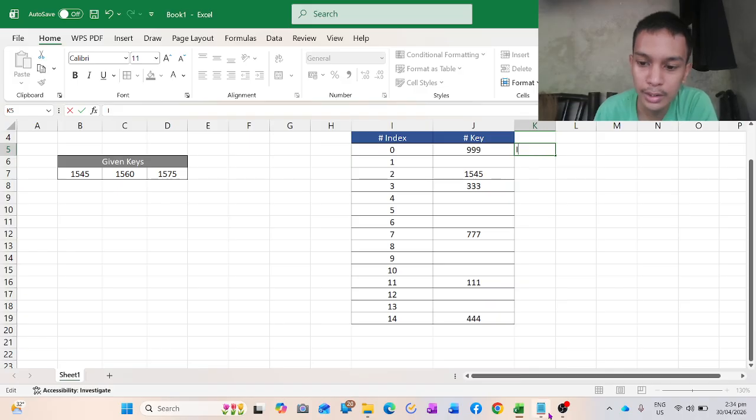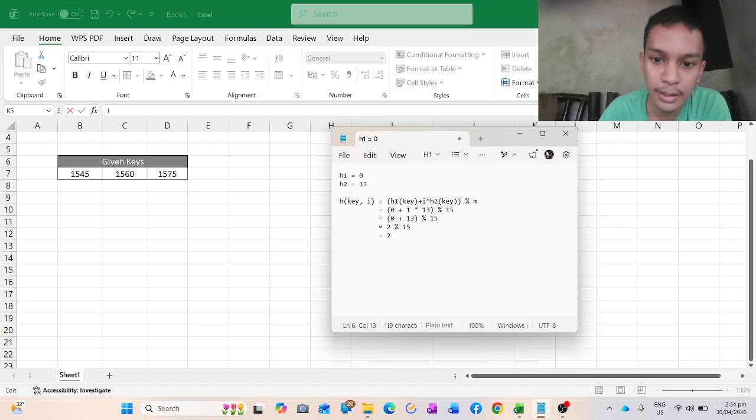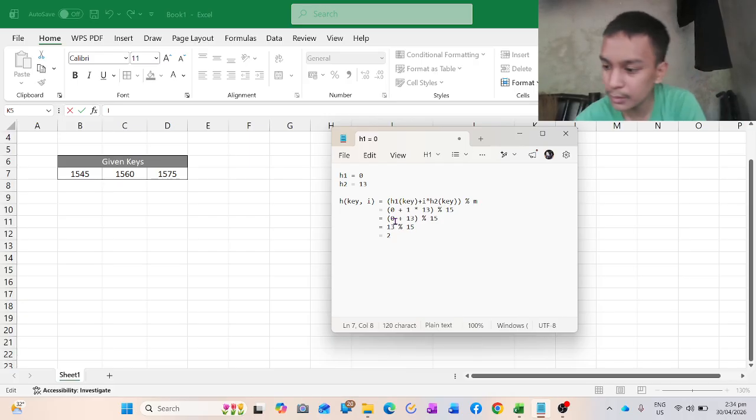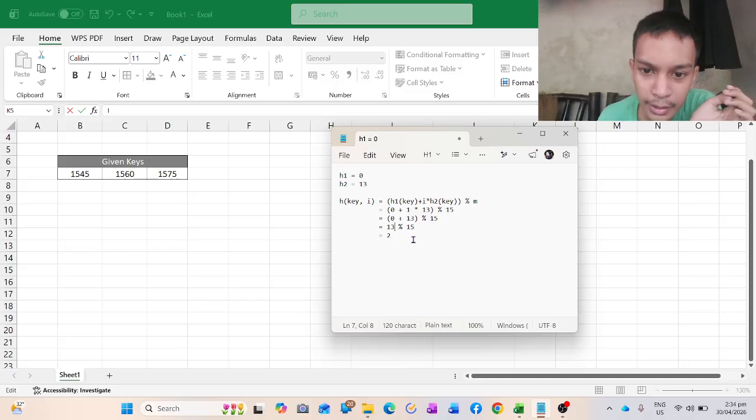So 1 times 13 is equal to 13. 0 plus 13 is equal to 13. 13 modulo 15 is 13.